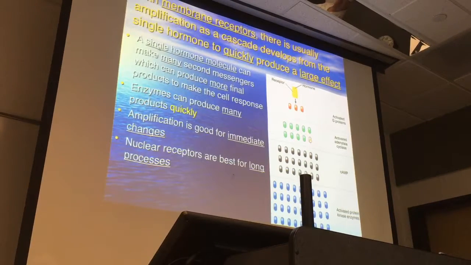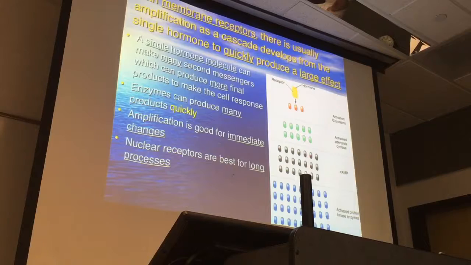Since those are enzymes, each of those adenylate cyclases can produce a huge number of cyclic AMP. Each of those can activate a whole bunch of already existing enzymes. Remember, everything here is already existing. Those G proteins, those enzymes, they're already present, although you have to produce the cyclic AMP.